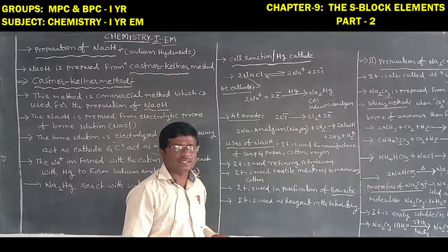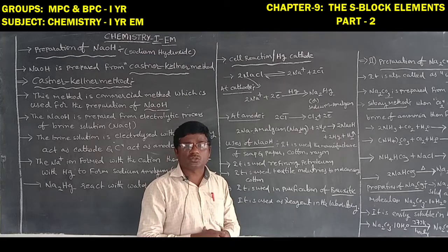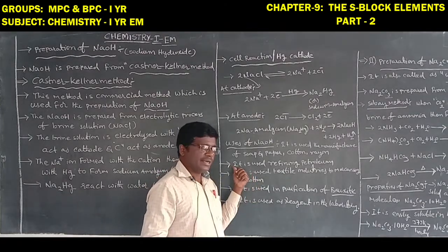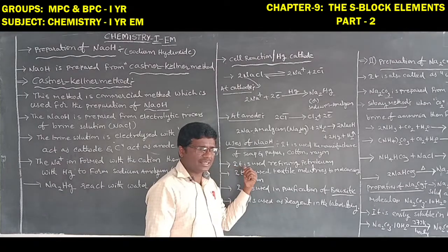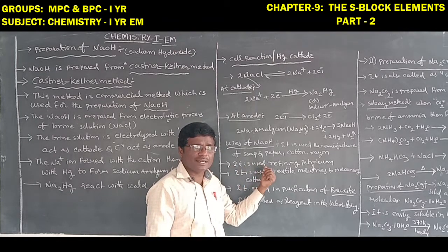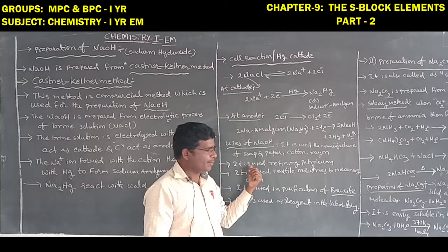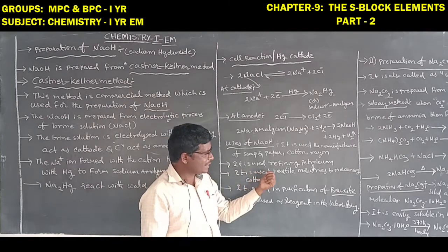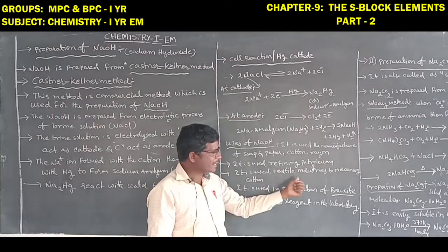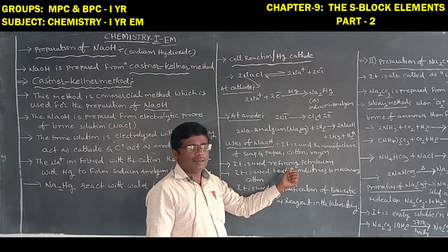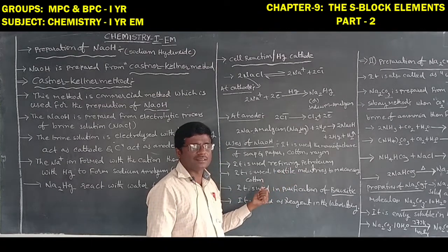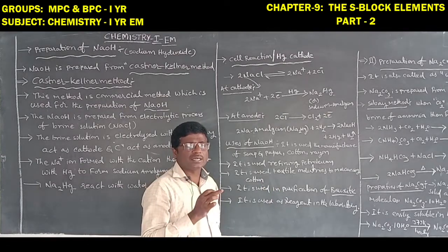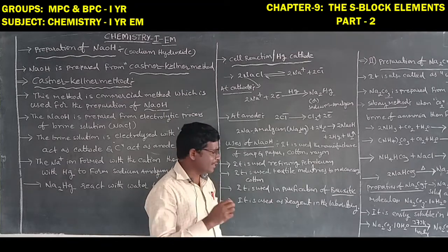Caustic soda is also used for the refining of petroleum. It is also used in the textile industry for mercerizing cotton.